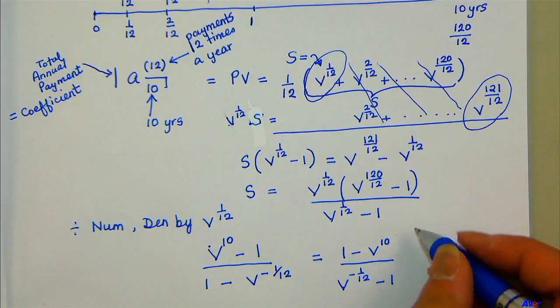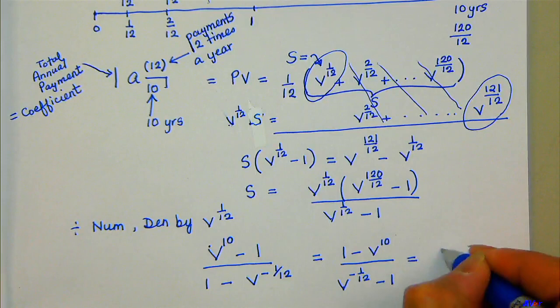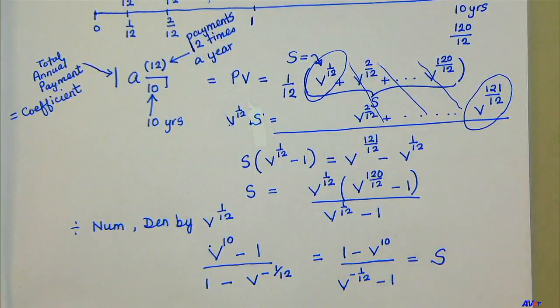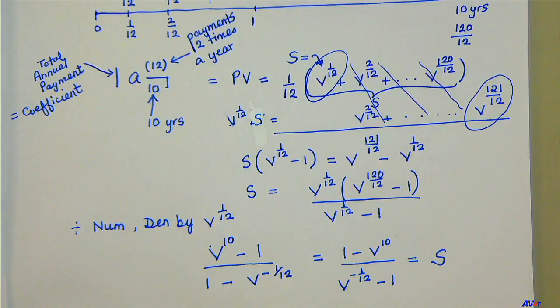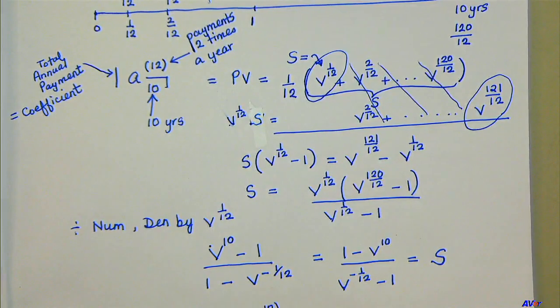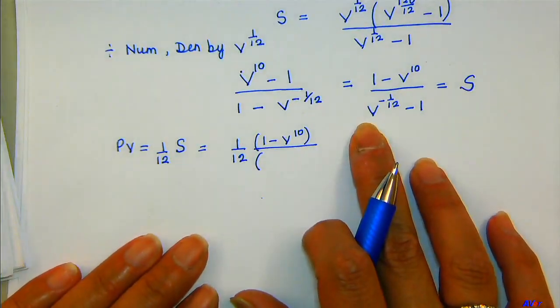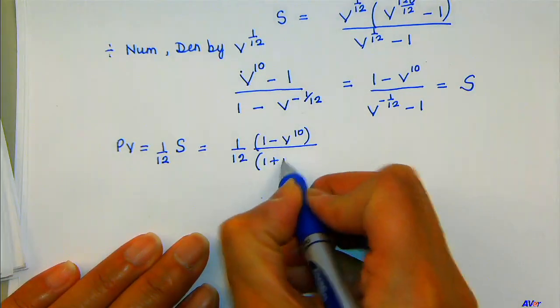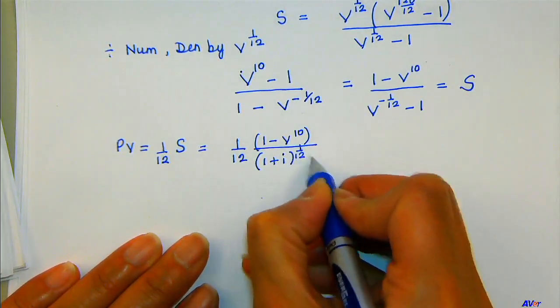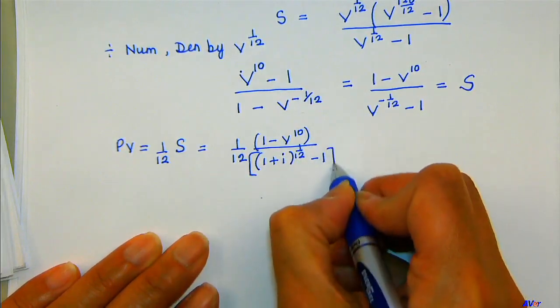Now this is equal to S, the sum S. But my present value is equal to 1/12 times S. So it's equal to 1/12 times 1 minus V to the 10 over, this V is 1 over 1 plus I, and therefore I get 1 plus I raised to the 1/12 minus 1, like this.